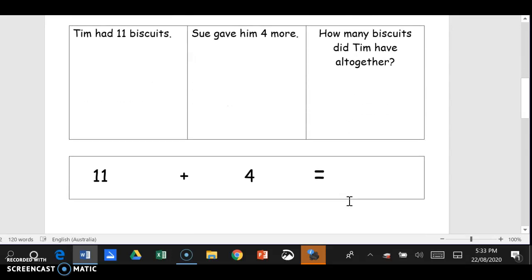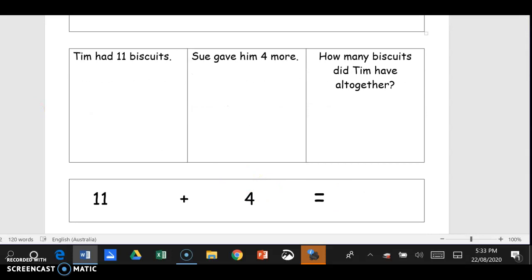let's do another one. Tim had 11 biscuits. Sue gave him 4 more. How many biscuits did Tim have all together? Question. Gee, Tim's going to have a sore tummy, I think. So Tim had 11 biscuits. We've put the number 11 down here.